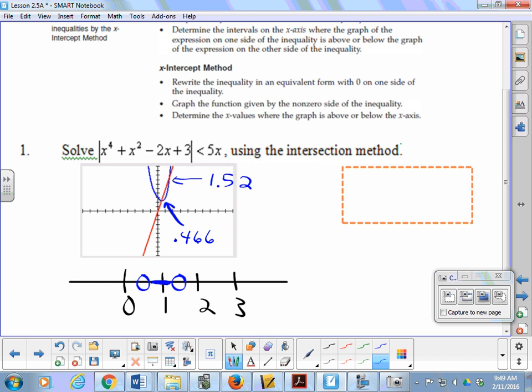Now, how could I check that? What would be the number I would use to check it? Okay, in this case, 1. All right, so we get 1 plus 1 is 2, and 2 minus 2 is 0, so is 3 less than 5 times 1?